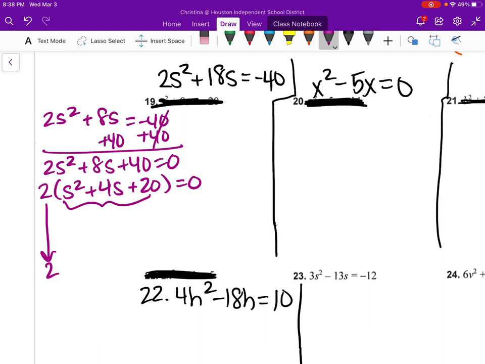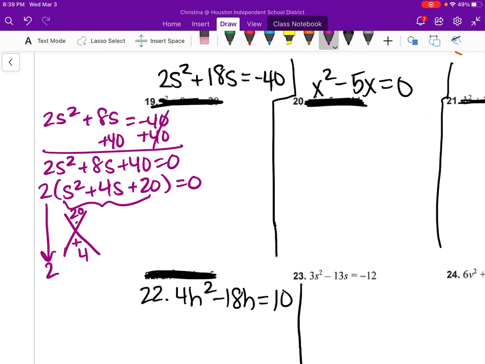Okay, let's see if Miss Tapia can squeeze this in. So I'm going to make this 20 on top and then 4 at the bottom. Ooh, let's see. I have 2 times 10. That won't work. 5 times 4. Did Miss Tapia pick an ugly question to solve?